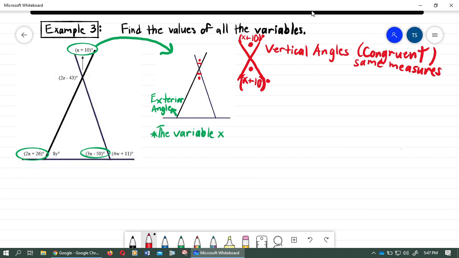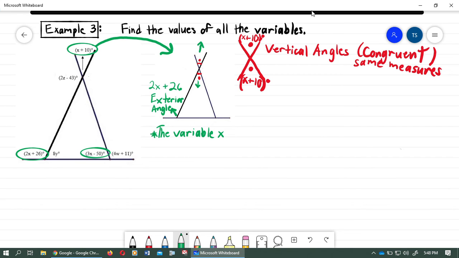So, folks, if that is the case, and we know again that this one here was an exterior angle, the 2x plus 26, this interior angle, what we just discovered, is a vertical angle with that one.